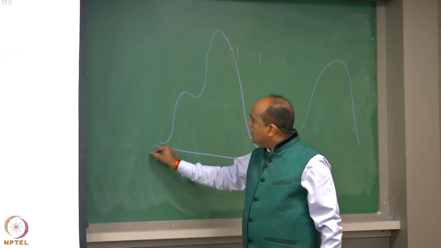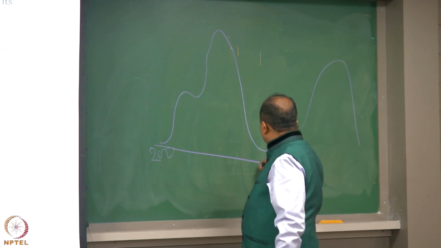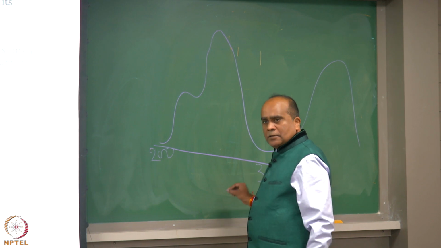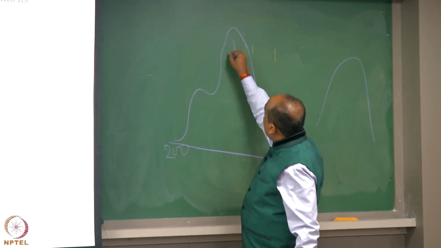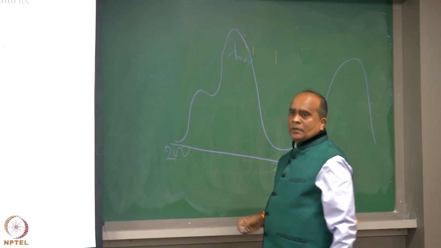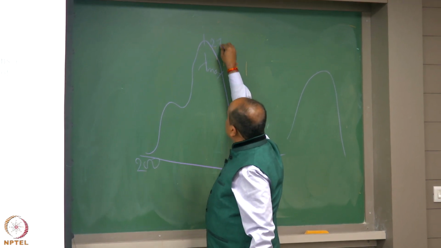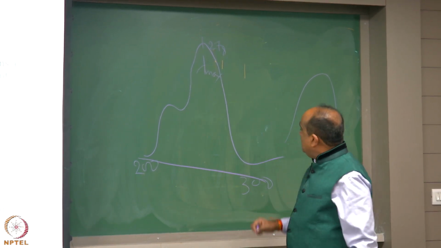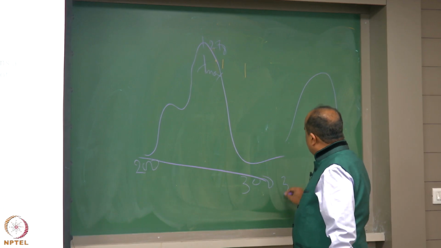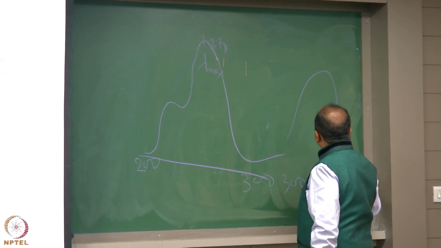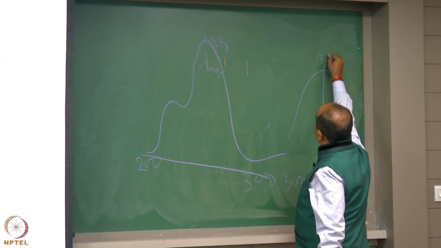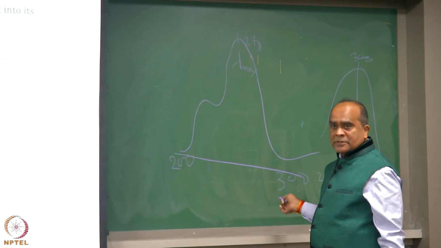First you scan say from 200 to 300, right, and you find that your lambda max is coming here. Say this is coming at 278, okay. Then you scan say from 300 to 400, emission comes at 340, that is the emission spectrum.